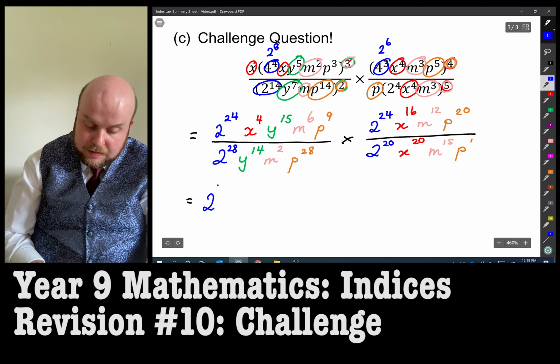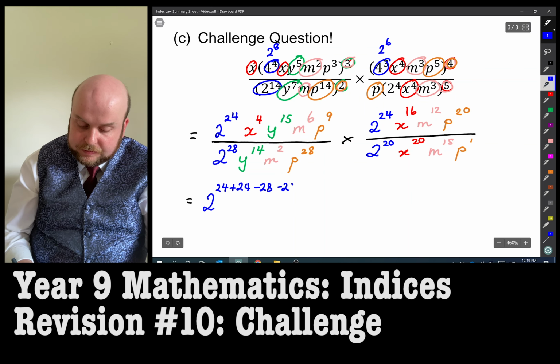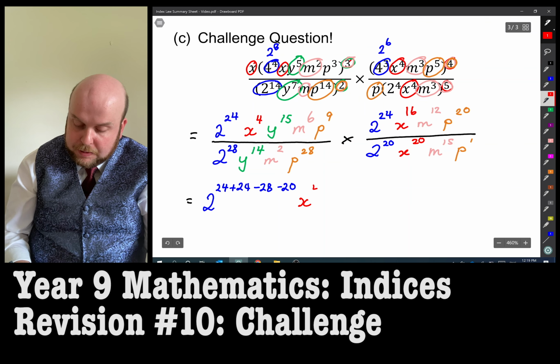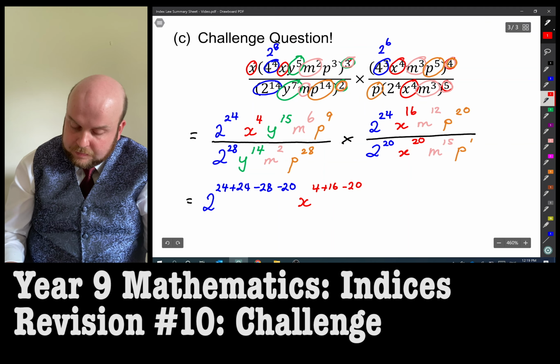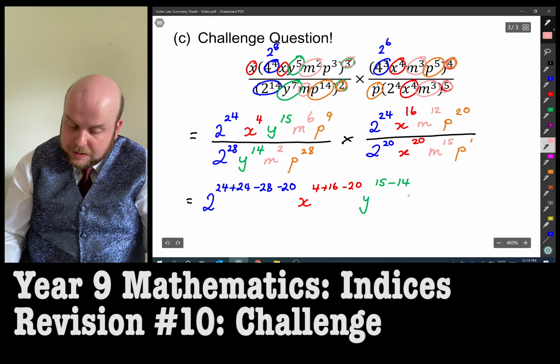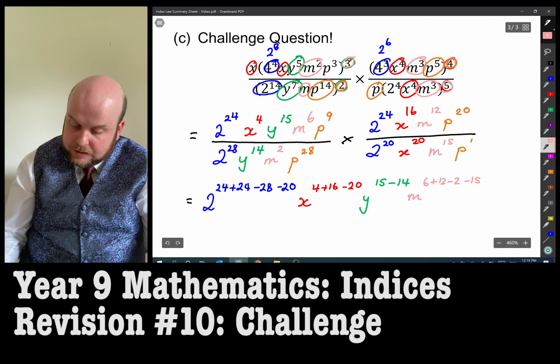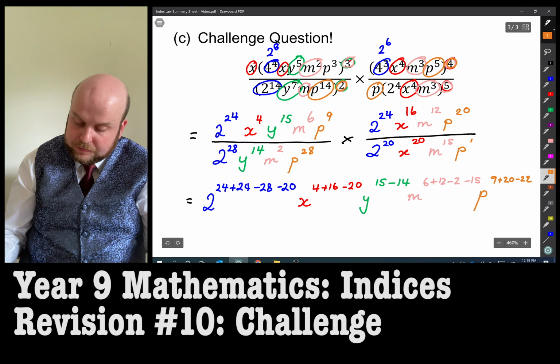So 2 to the power of 24 plus 24, take away 28, take away 20. x to the power of 4 plus 16, take away 20. y to the power of 15, take away 14. m to the power of 6 plus 12, take away 2, take away 15. And p, 9 plus 20, take away 28, take away 1.